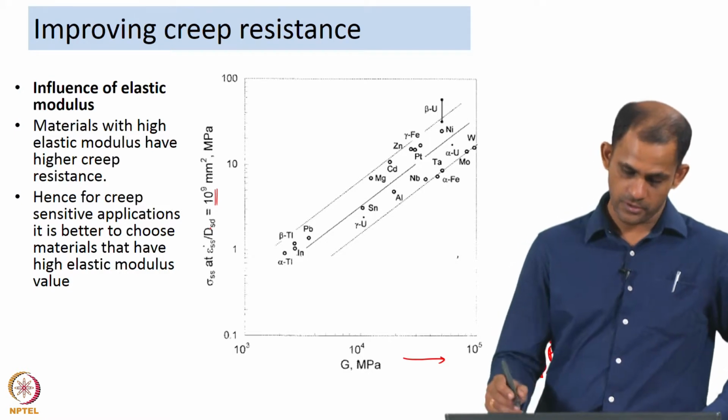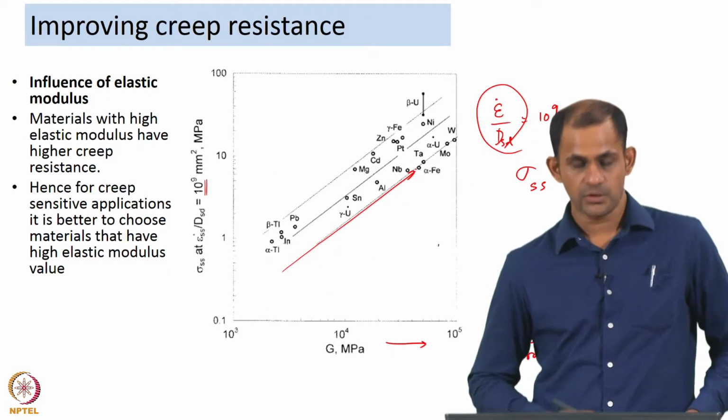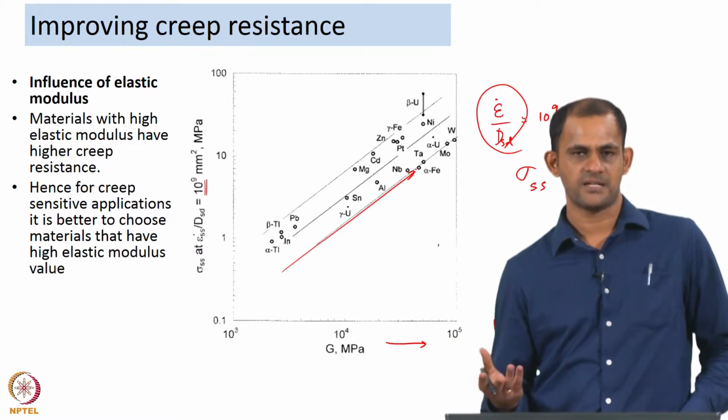They are talking about creep strain rate normalized with D_SD, which is self diffusivity, and to achieve a particular value of this parameter, the amount of stress required is increasing as the shear modulus of the material is increasing, which means you will need to apply higher stresses for materials which have higher elastic modulus.